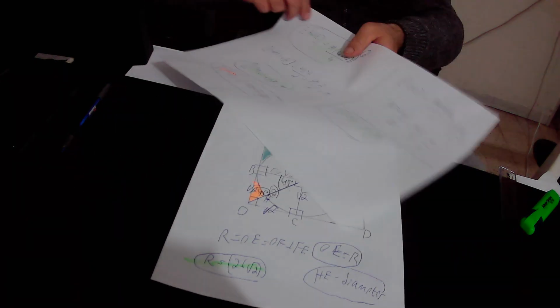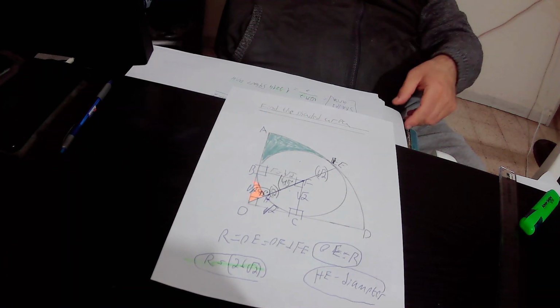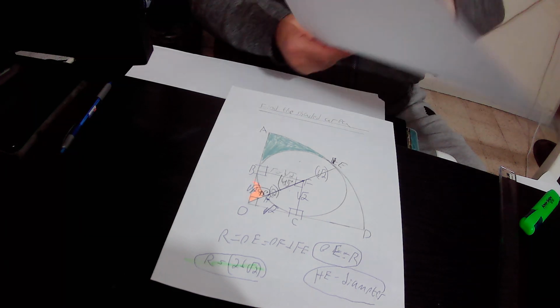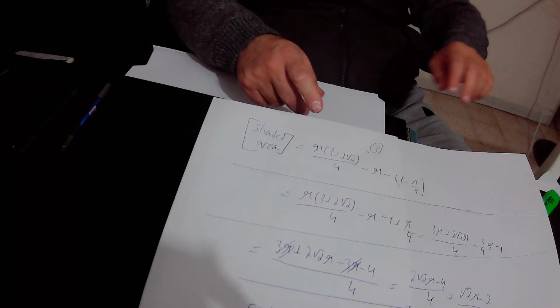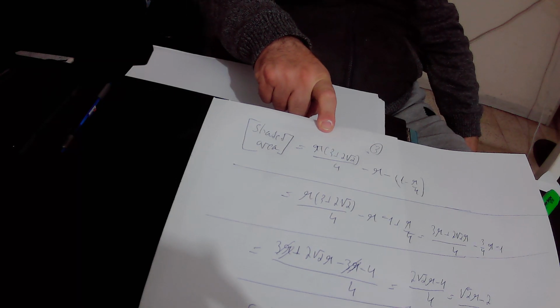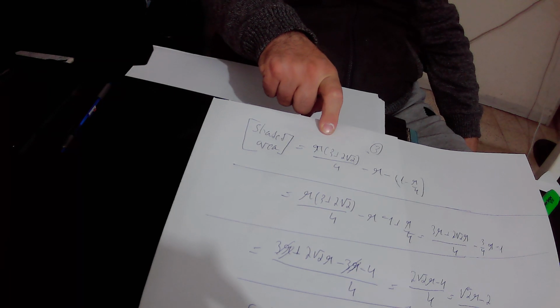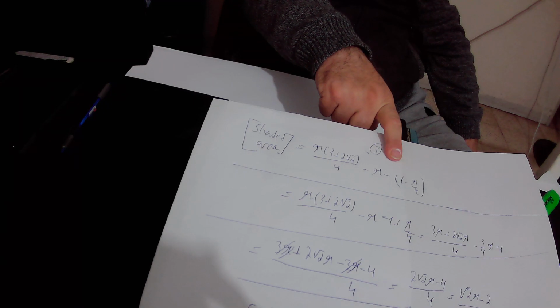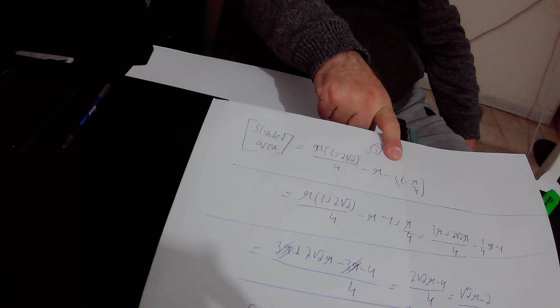And the value of the shaded area in total equals the area of sector AOE, that is pi times (3 plus 2 times square root of 2) over 4, minus the area of the small semicircle, that is pi square units, minus the area of the small orange shape, that is 1 minus pi over 4 square units.